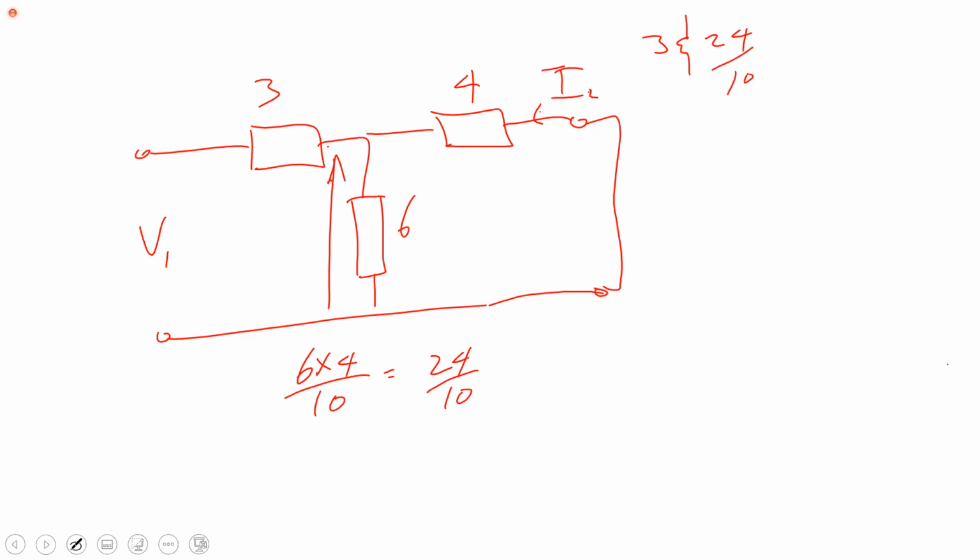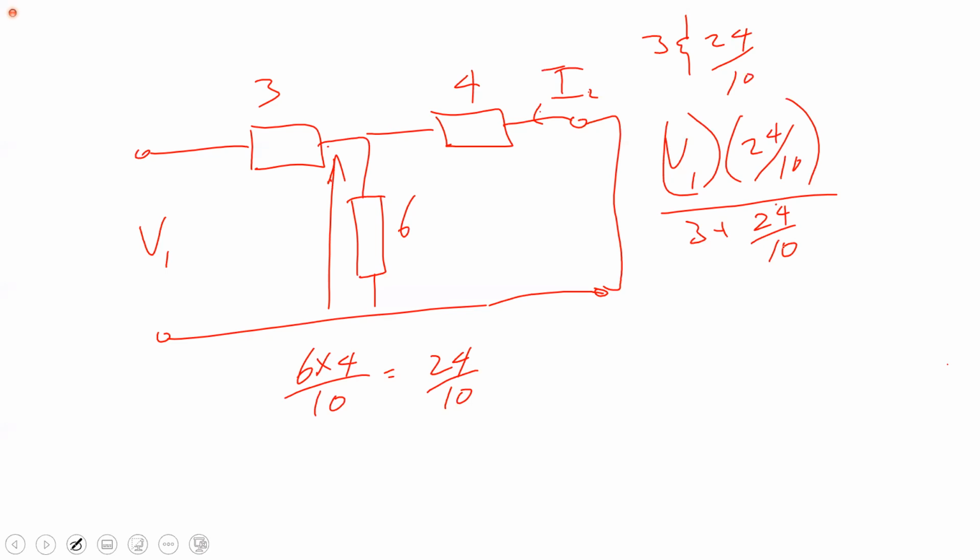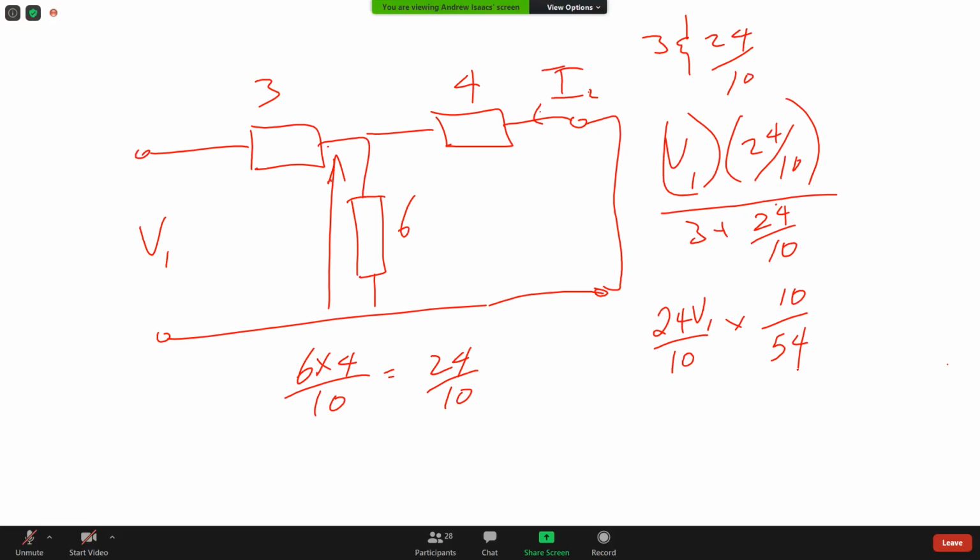So it is V1 times 24 over 10 divided by 3 plus 24 over 10. So I have 24 V1 over 10 times 10 over 54. That's 30 plus 24, right?